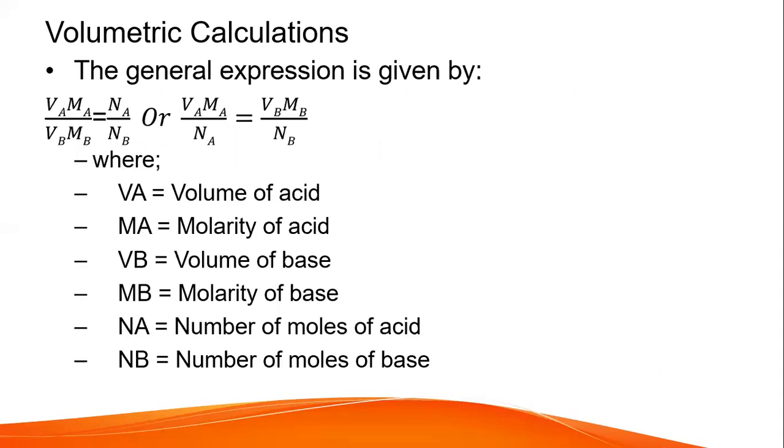analysis calculations. For example, one of the general expressions used in volumetric calculations is VA MA over VB MB equals NA upon NB, or VA MA over NA equals VB MB over NB, whereby VA is the volume of acid, MA is the molarity of acid, VB is the volume of base, MB is the molarity of base, NA is the number of moles of acid, and NB is the number of moles of base.